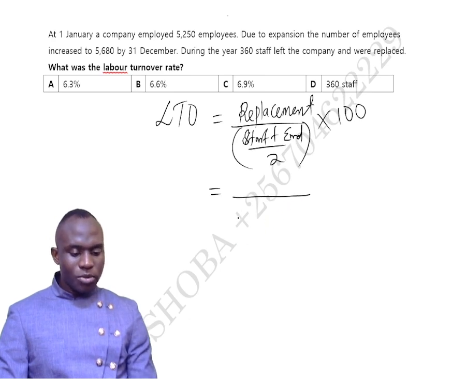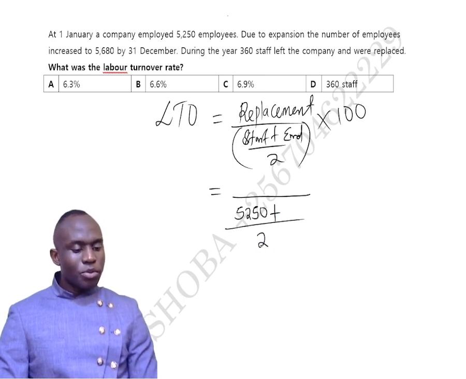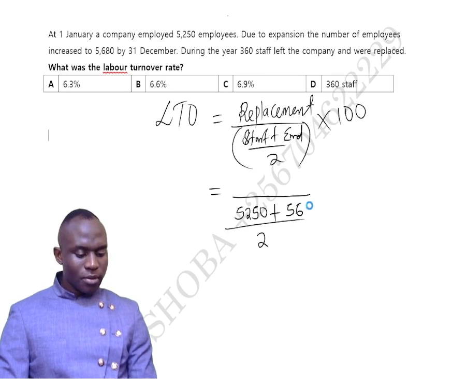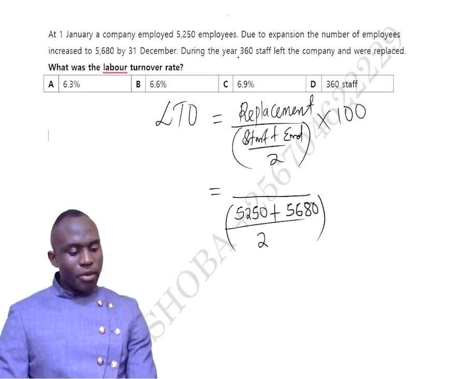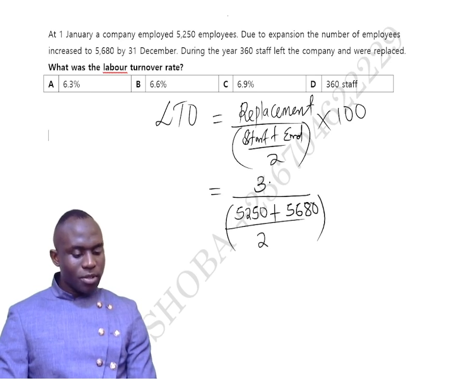We copy and paste. So at the start, it is 5250, then plus people at the end divided by 2. Due to expansion, the number of employees increased to this. So at the end, we have 5680. You see, we are just interpreting. Then during the year, 360 staff left the company and they were replaced. So the replacements are 360, times 100.